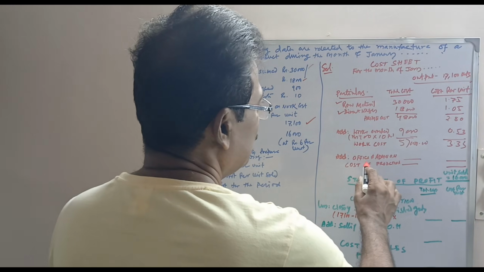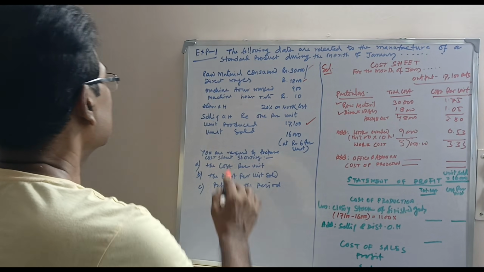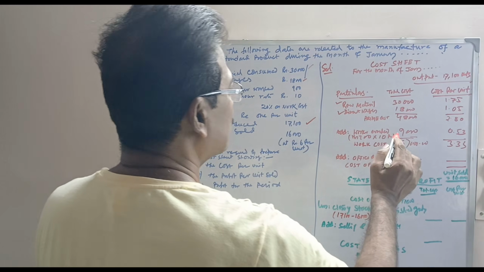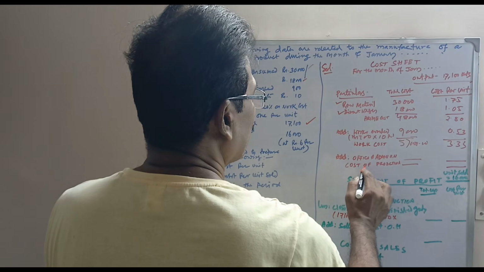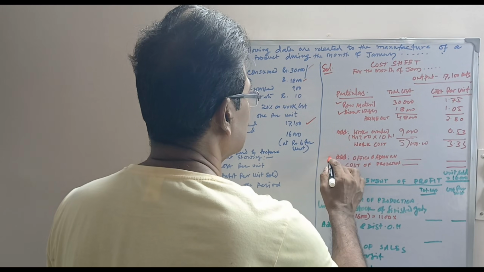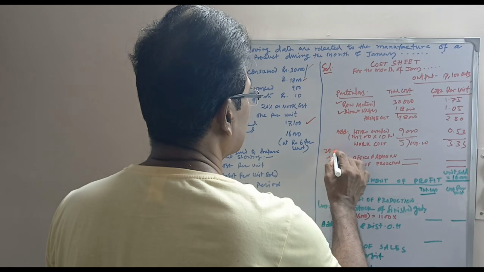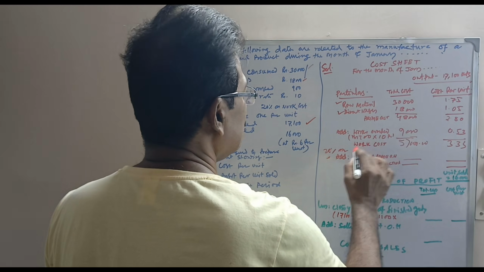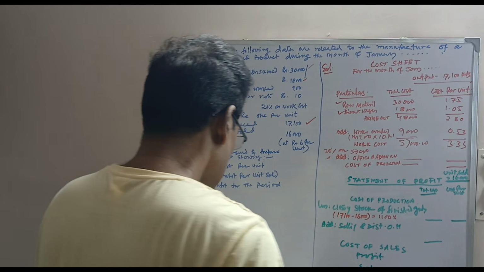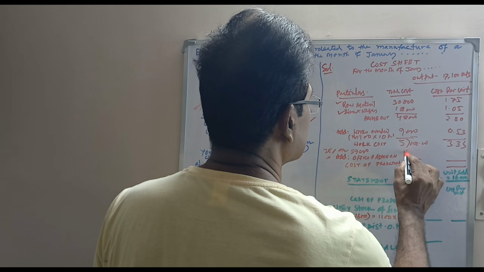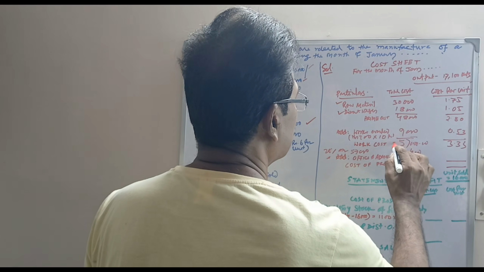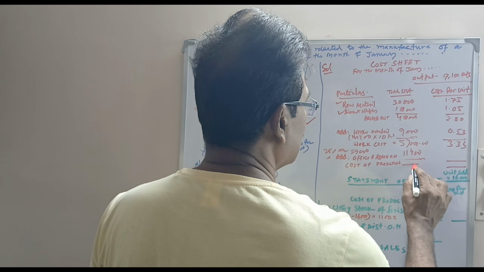Now add office and administrative overhead. Office and administrative overhead is 20% of works cost. Works cost is 57,000, so 20% on 57,000 comes out to 11,400. 20% of this is 1/5.